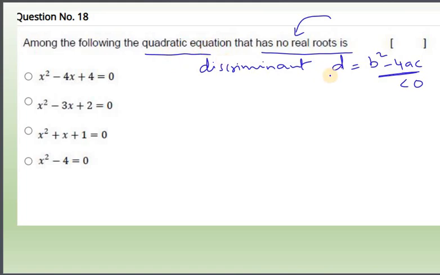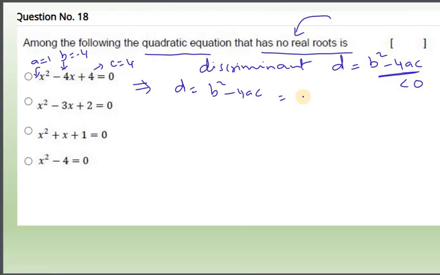So from the quadratic equation, what do you have to find? The value of d. So d means b square minus 4ac. In this equation, what is a? The value of a is 1. A means what is before x square. This is 1. What is b? B is equal to minus 4. What is c? C is equal to 4. So from this equation, d is equal to b square minus 4ac.